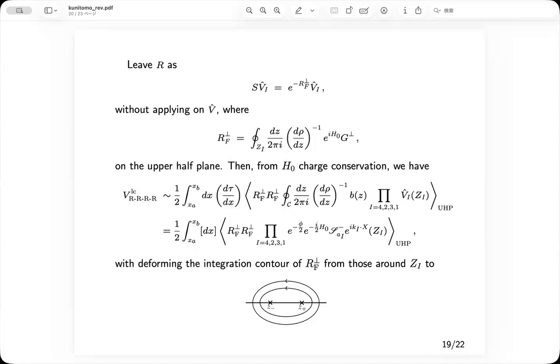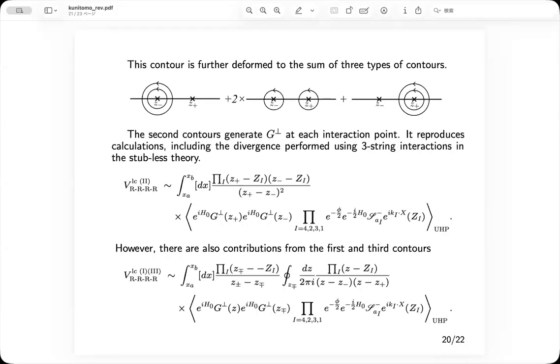And this contour can also be deformed into three types of contours. One is one of the interaction points z minus twice, another is d minus and d plus once, and the third is d plus twice. This second contour generates the supercurrent insertion at each interaction point, and it reproduces the calculation, including the divergence, performed using the three-string interaction in the stubless theory.